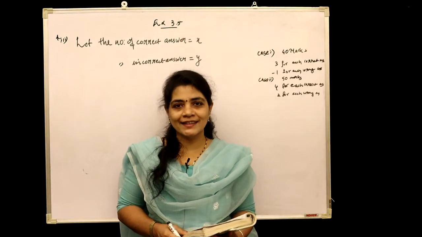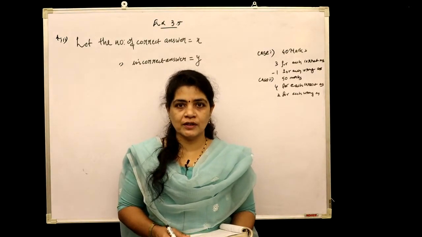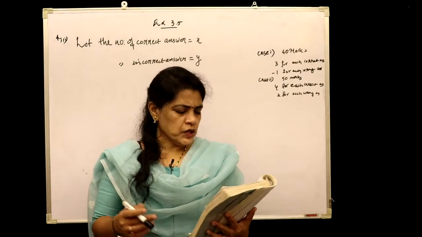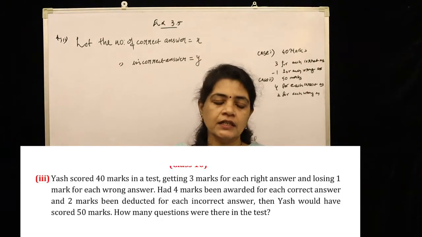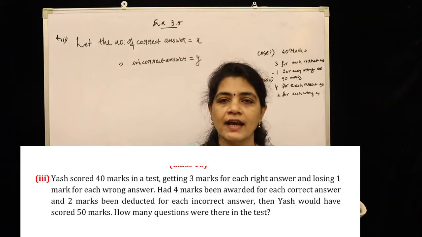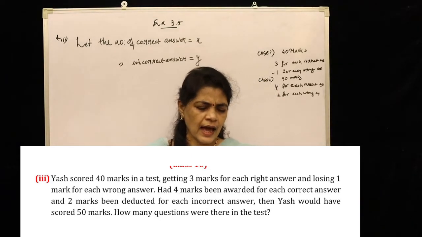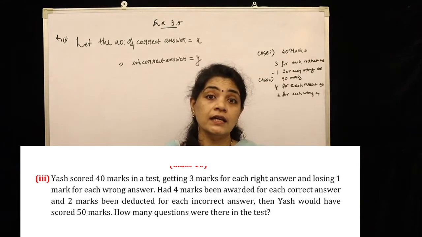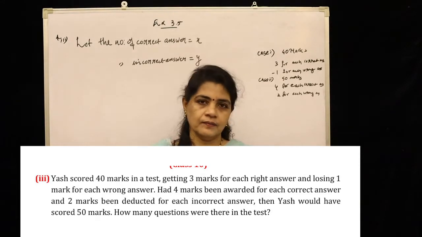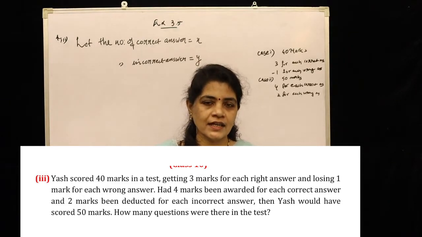Now we are solving the third question. This is a very important problem. Okay. Yash scored 40 marks in a test, getting 3 marks for each right answer and losing 1 mark for each incorrect answer. First condition clear?